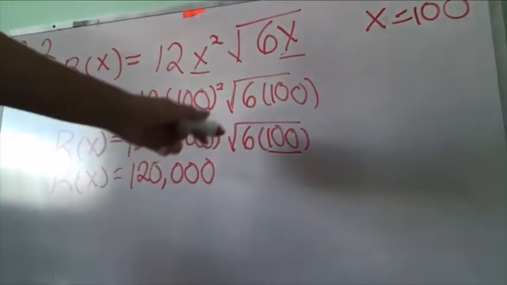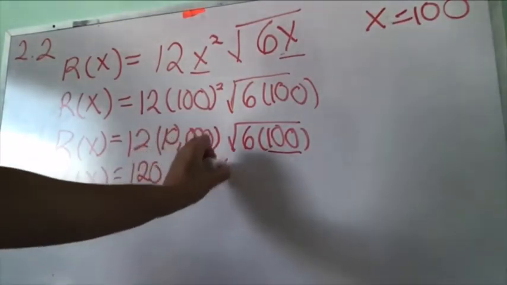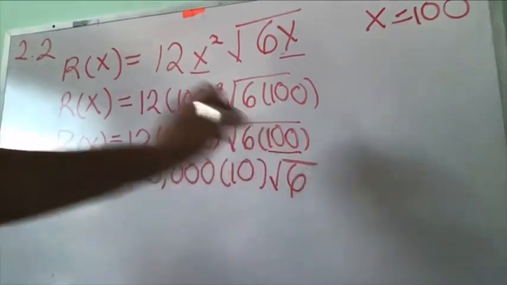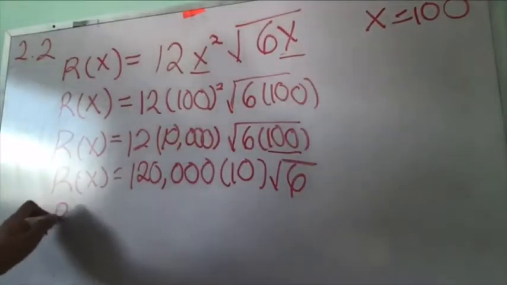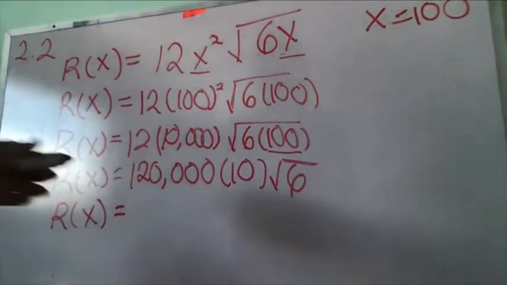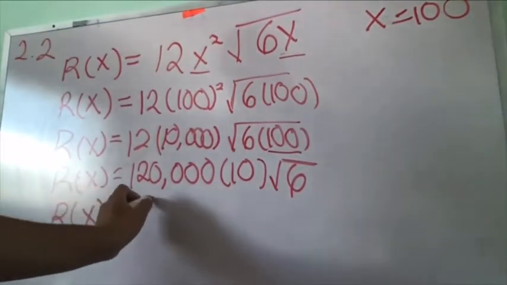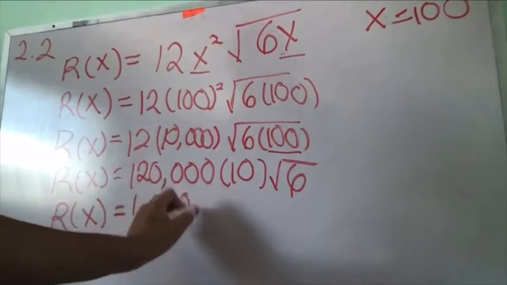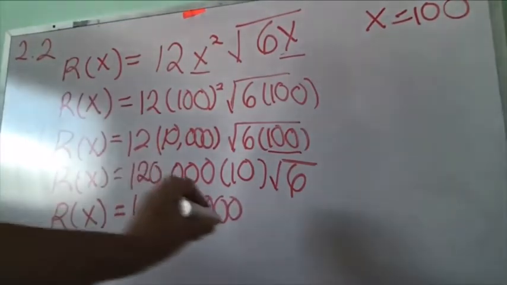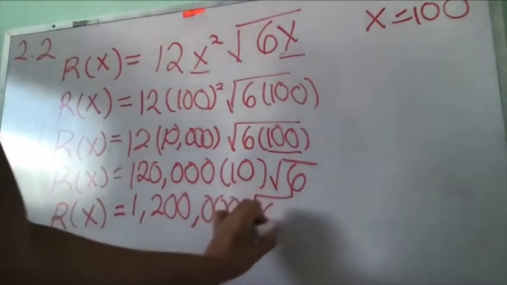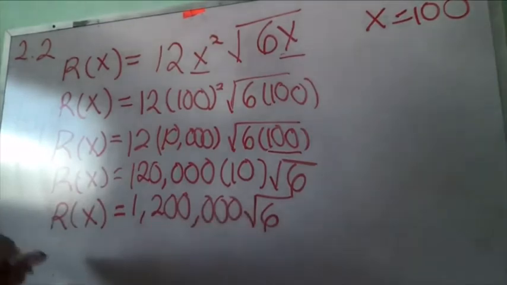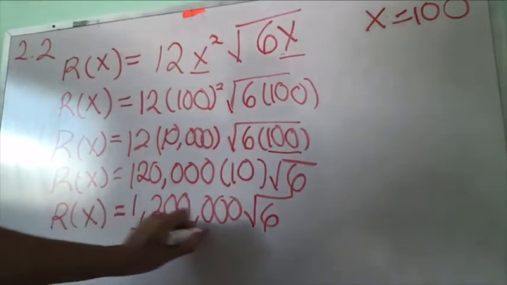So the square root of 100 is 10. So we take it out and we have a 10. This is by 10 and square root of 6. So we have 1,200,000 square root of 6, because we can't do anything else with the 6. So our revenue will be this one.